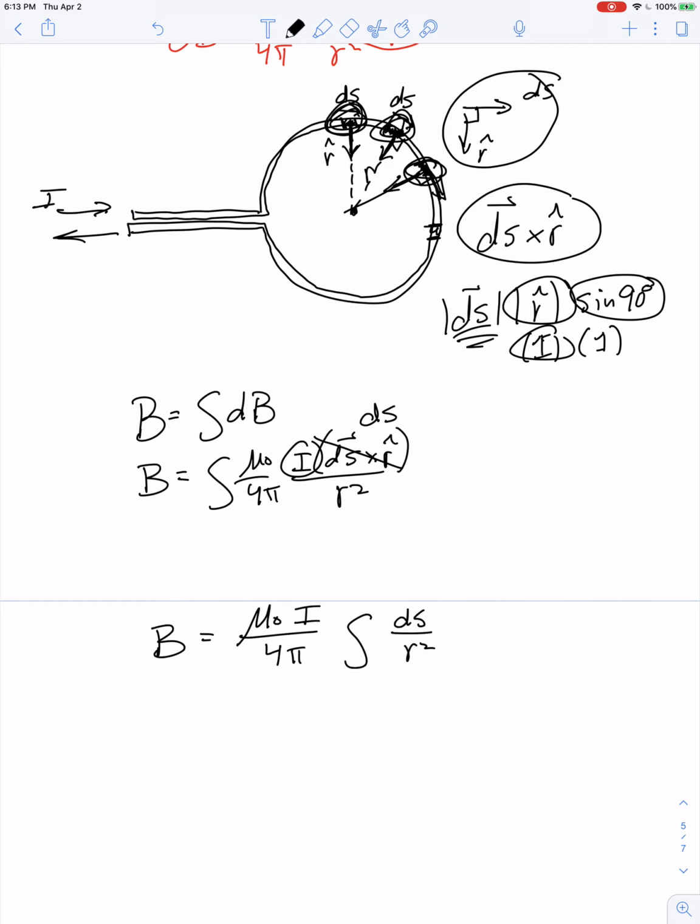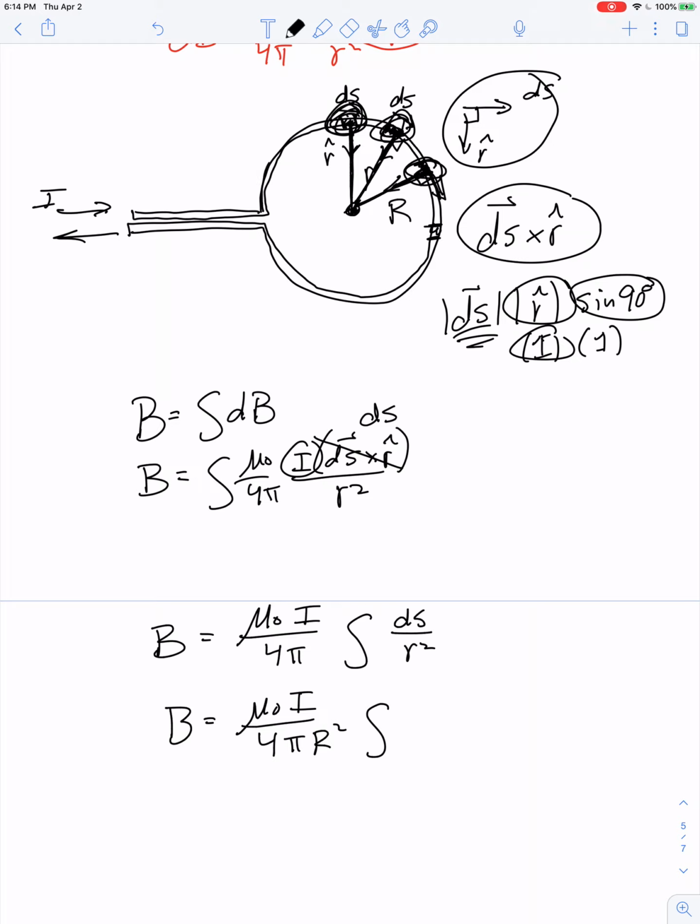Now, wait a minute. The distance from the center of the loop to the first element of the wire is the same as the distance to the next element and the next one. So even r is a constant. I probably should call it capital R. So B is equal to mu naught I over 4 pi capital R squared times the integral of ds.